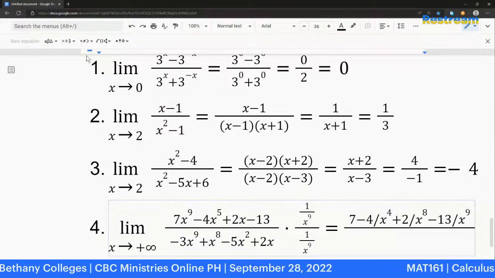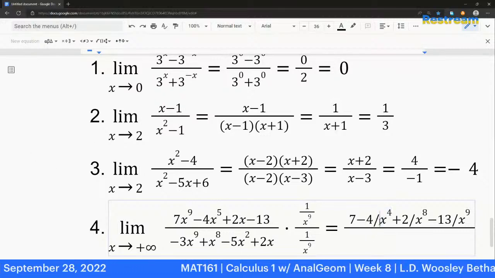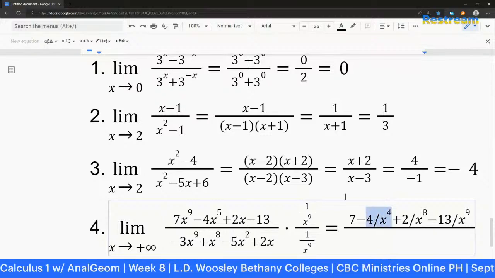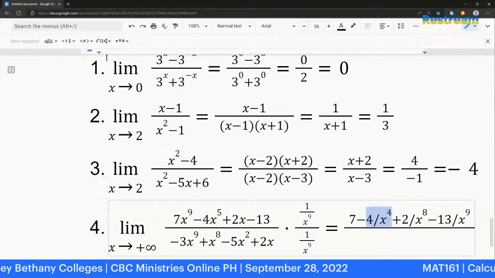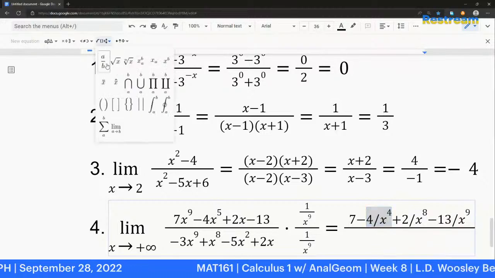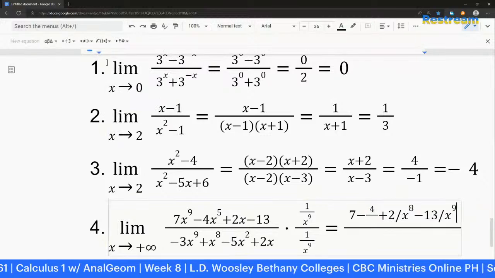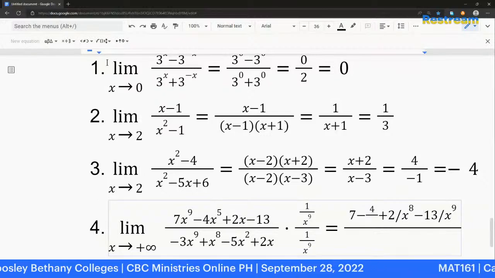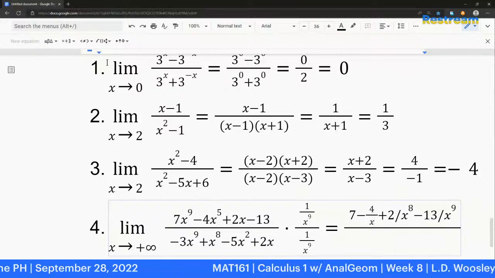Okay guys, make sense? Ano natin to? Hindi niya nako-convert. Okay, convert ko na lang para kitang-kita. Ito ay 5x raised to 4.